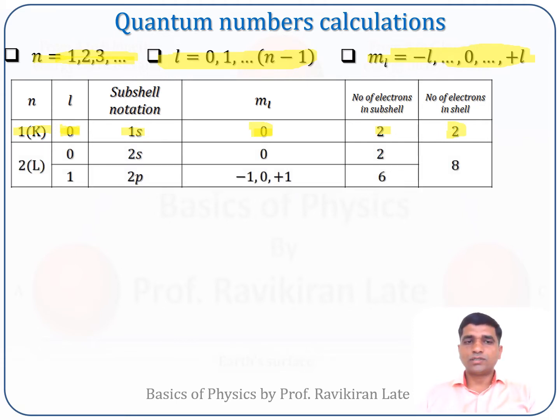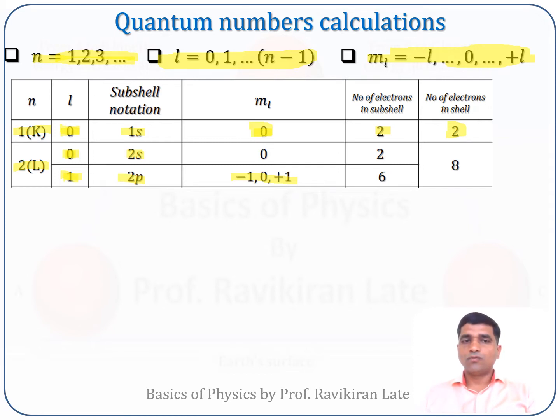Similarly, if you go to the second shell, that is the L shell, for n equal to 2, you have two values of l, that is l equal to 0 and l equal to 1. So you have the subshells 2s and 2p. For l equal to 1, you can have ml equal to minus 1 to plus 1 including 0, so three different values of ml.